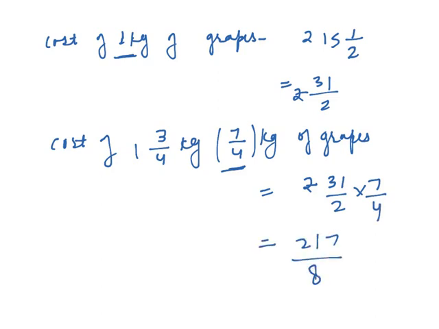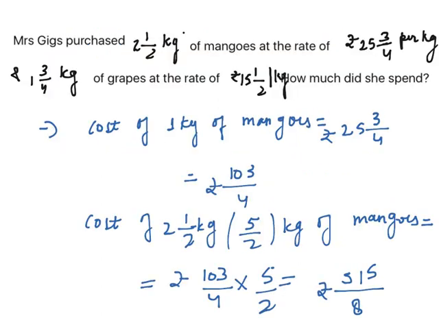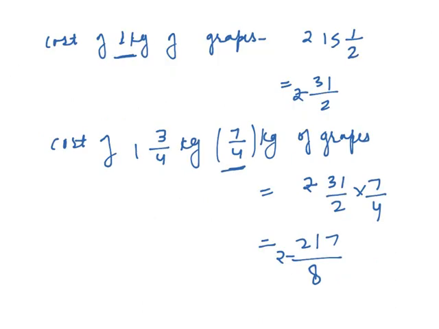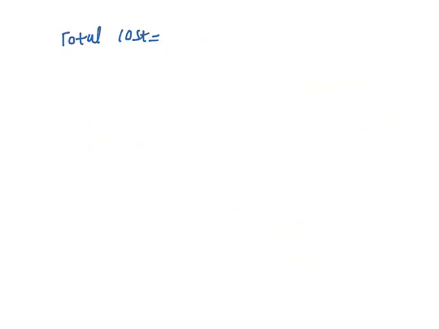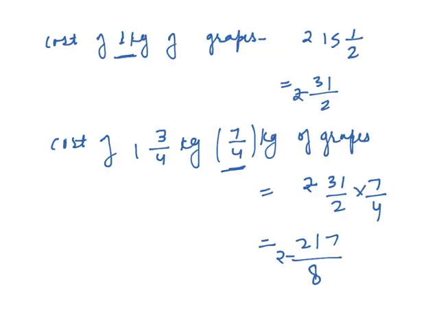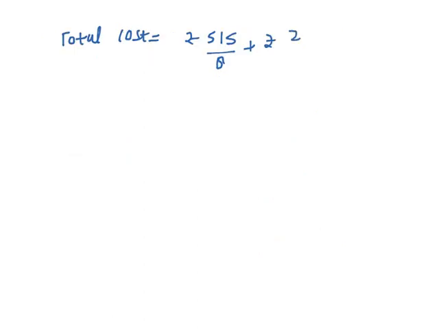So we will get 217 by 8. Now the cost of mangoes we found is 515 by 8 and the cost of grapes we found is 217 by 8. For the total cost, we will add the total price of mangoes and grapes. So the total cost will be rupees 515 by 8 plus rupees 217 by 8.